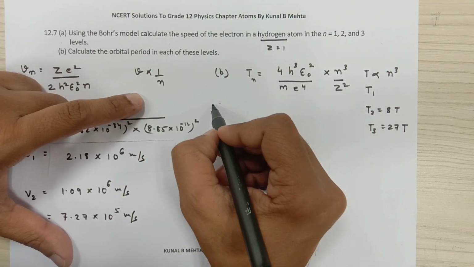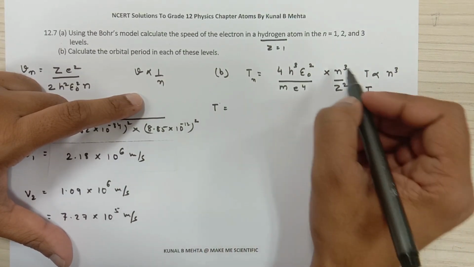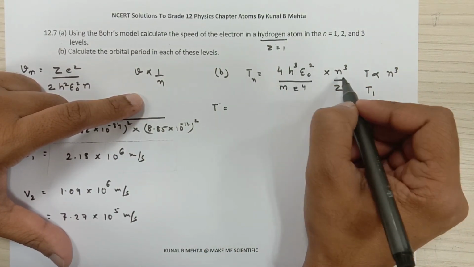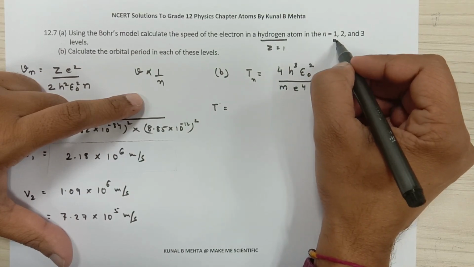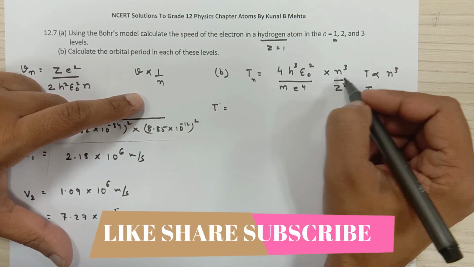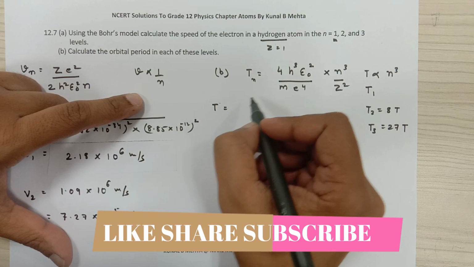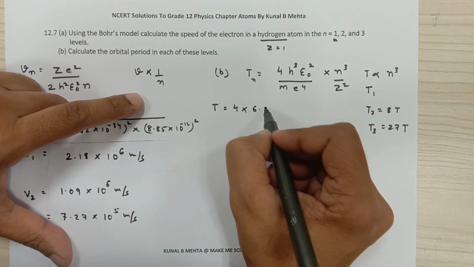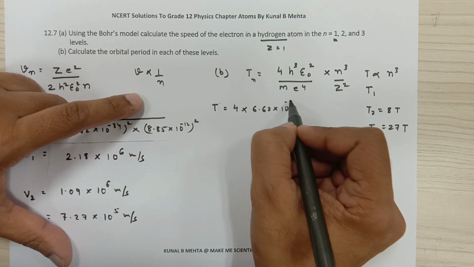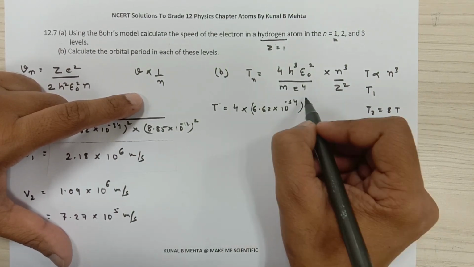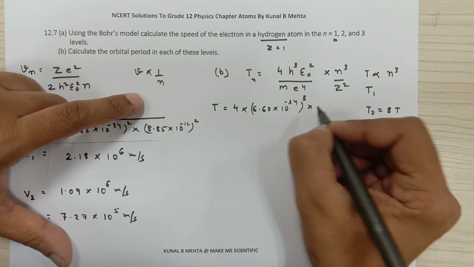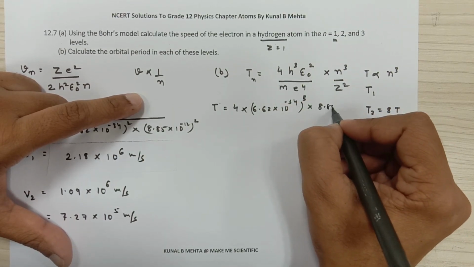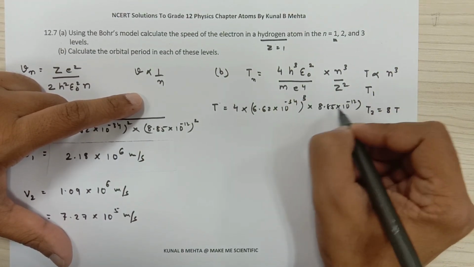So let us substitute the necessary values, and n is equal to 1. I would be calculating only for 1, and the rest will follow. So 4, and h is Planck's constant, so 6.62 into 10 raised to minus 34 whole cube, and this is 8.85 into 10 raised to minus 12. Everything is in SI unit.